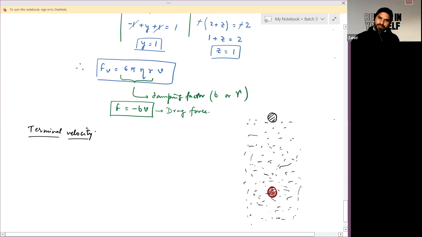If you define all forces acting on this object at this instant, first there will be a force in the downward direction, that will be the weight of the object due to gravity, and to overcome this weight, due to the liquid, there is an opposing force along this direction, that will be the buoyant force.